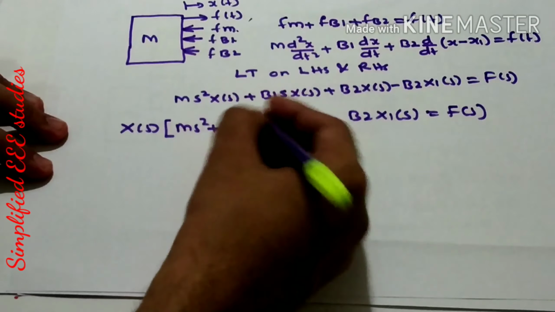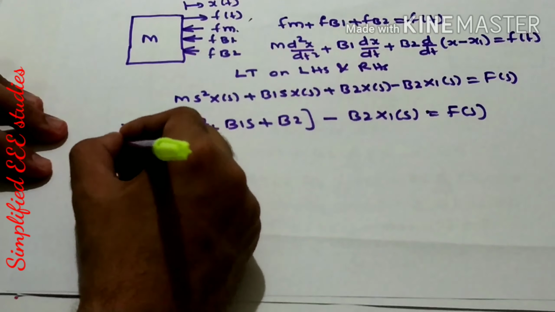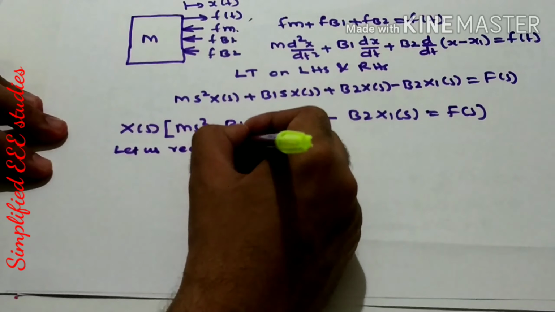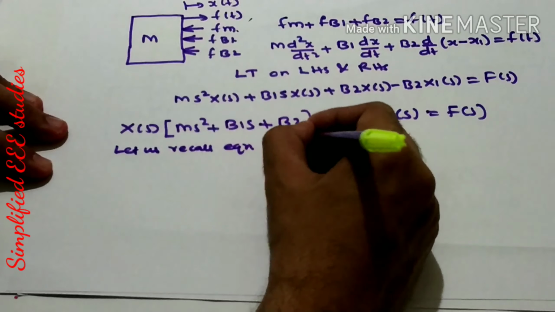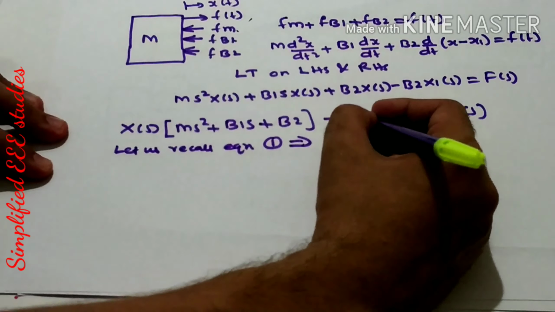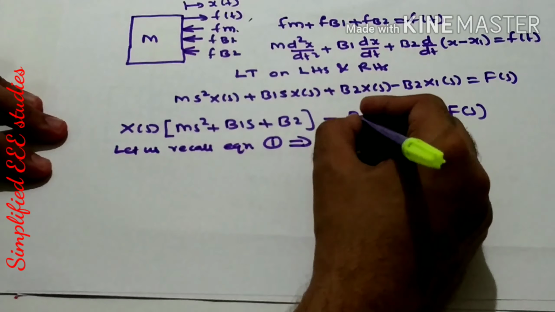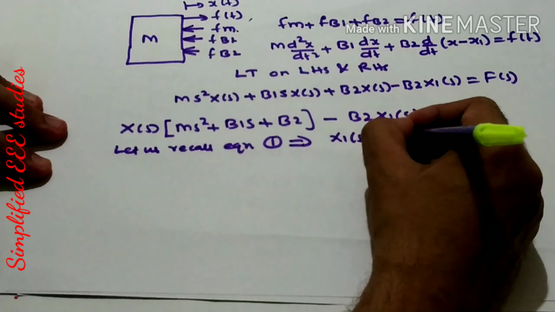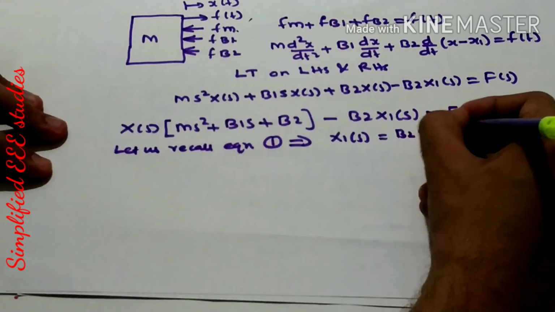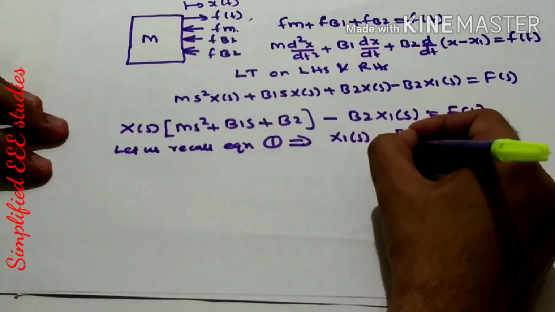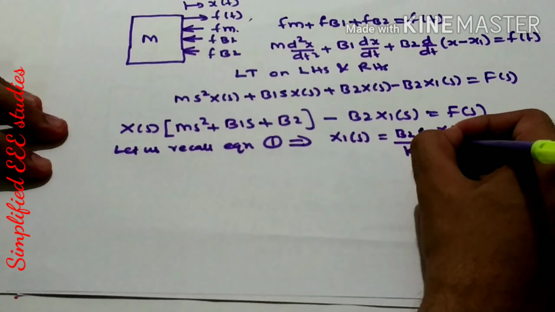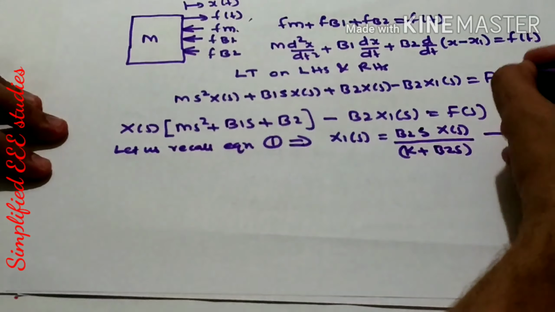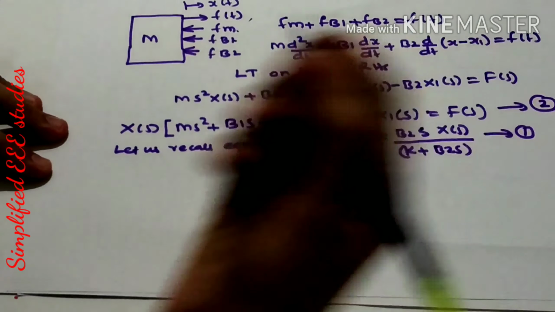I will be recalling equation number 1 and writing it again for your convenience: b2s into x of s divided by k plus b2s. This is actually equation number 1. So let it be equation number 2.